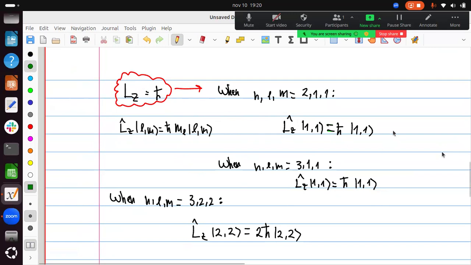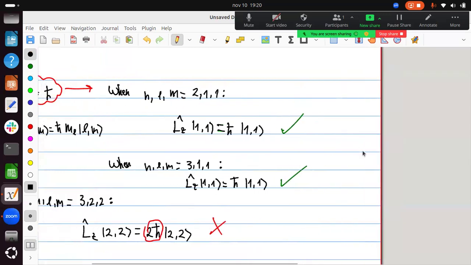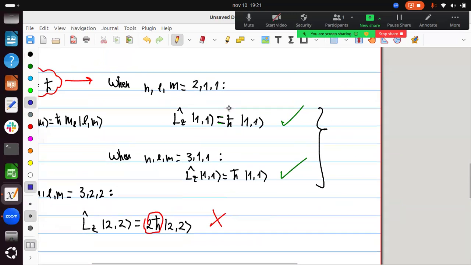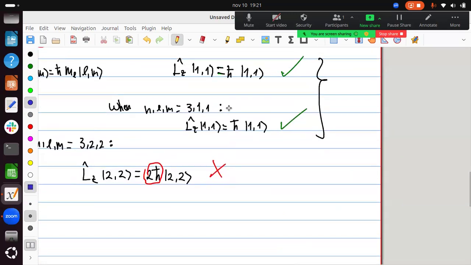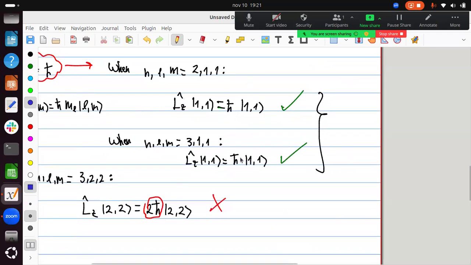To this case and this case. But as you can see, here, the orbital angular momentum is not what we want. So this case is not available. And when we consider these two constraints, we just need to sum over the probabilities that achieve this.